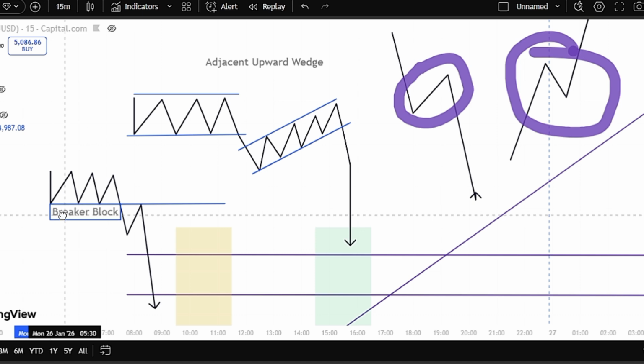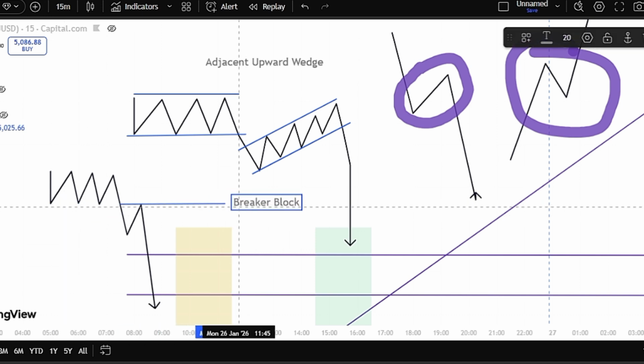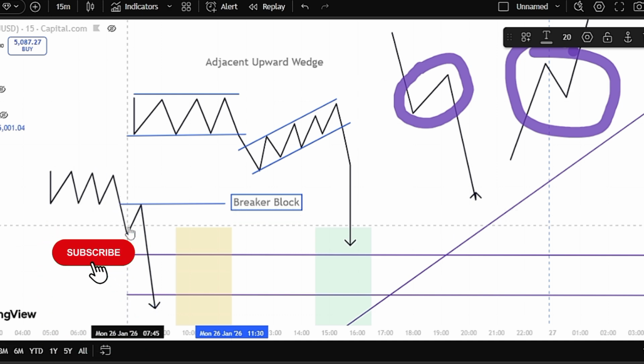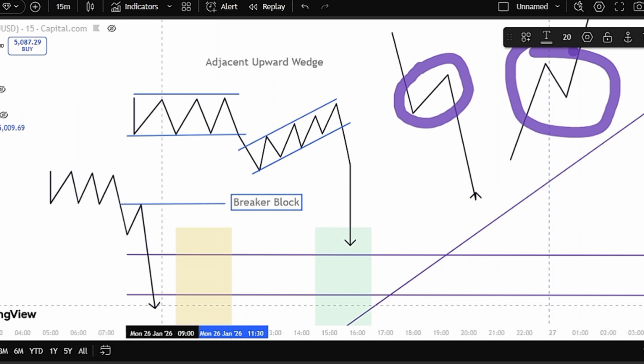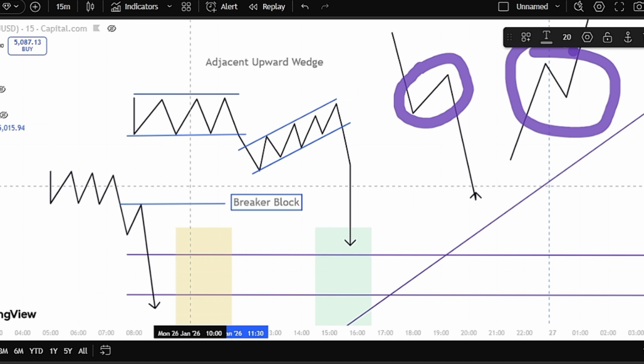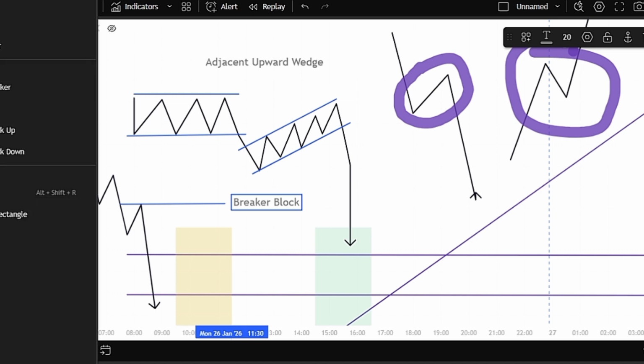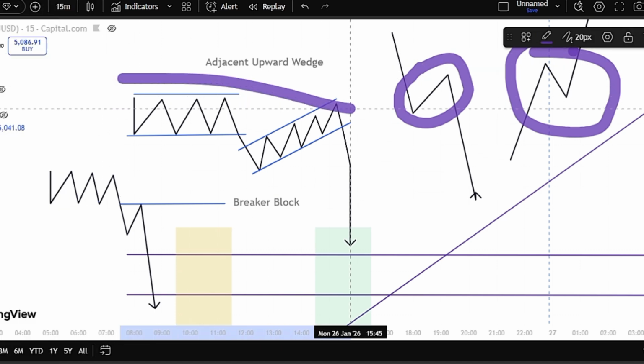The reason why it's a breaker block is because price action broke beyond that level, then retested and pulled down.